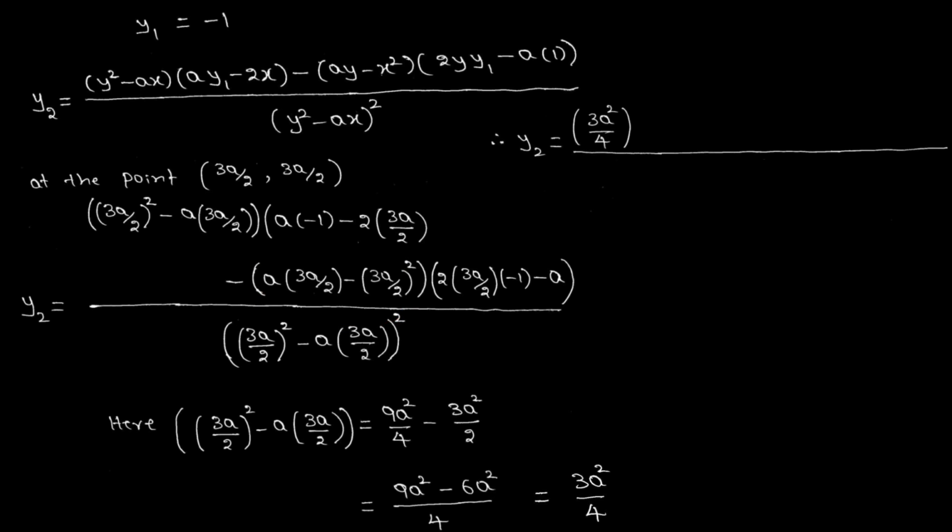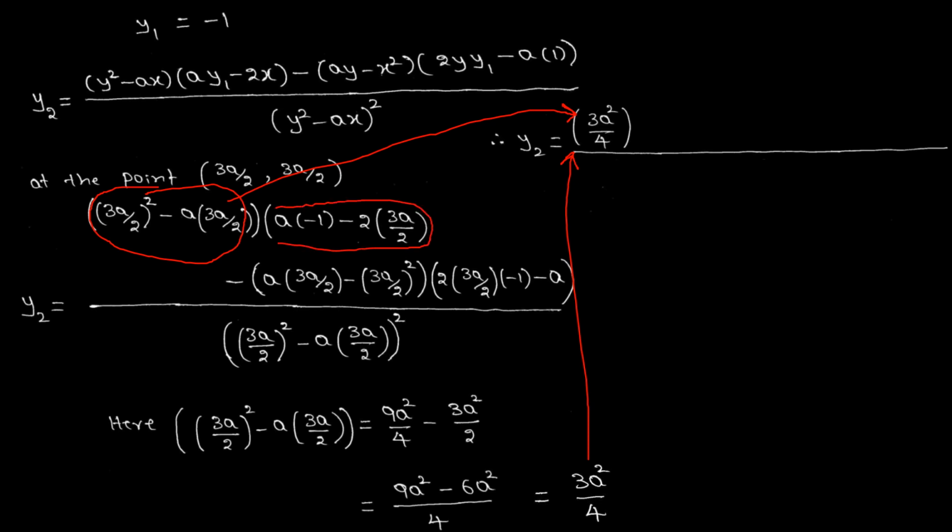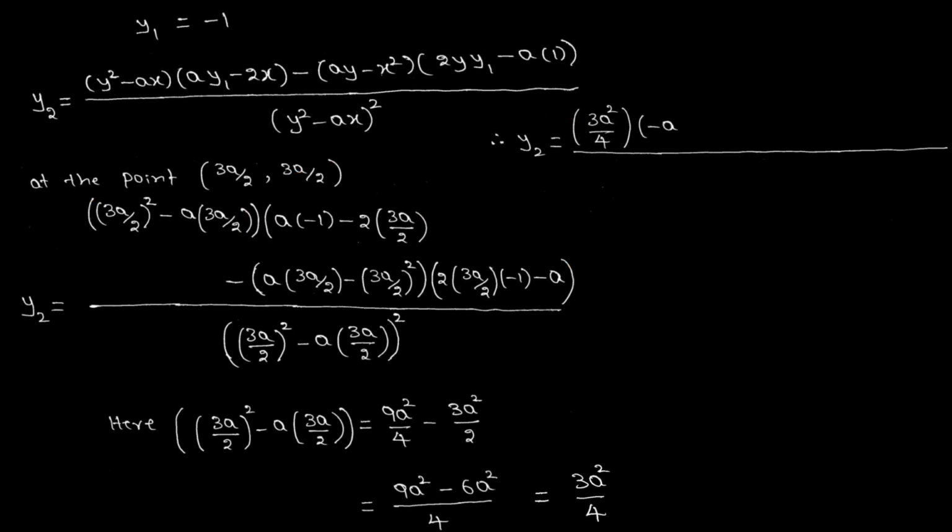Yes, I have put in this place its value 3a square by 4, which is what we found here. Here what all things will get simplified. This is minus a, and here 2 and 2 get cancelled. What remains is just minus 3a.